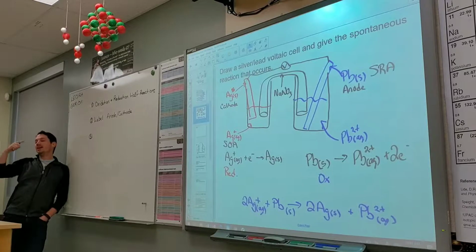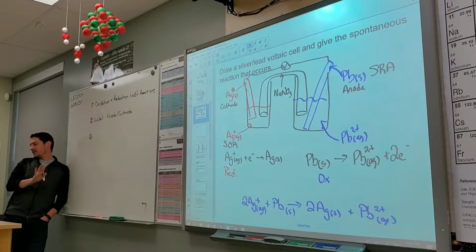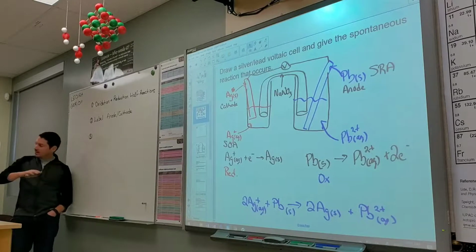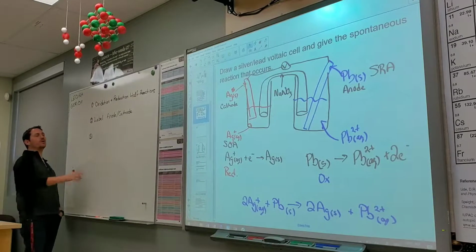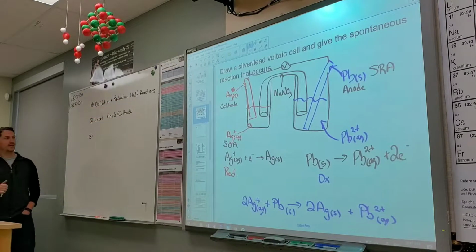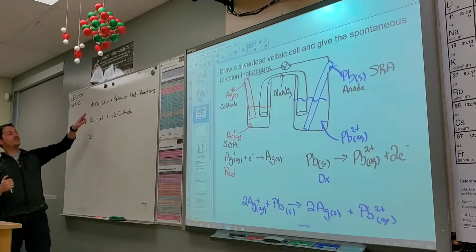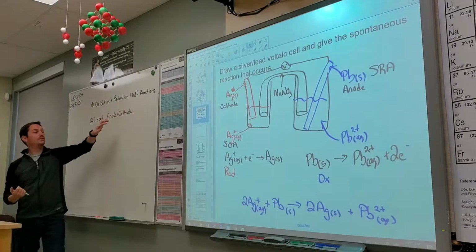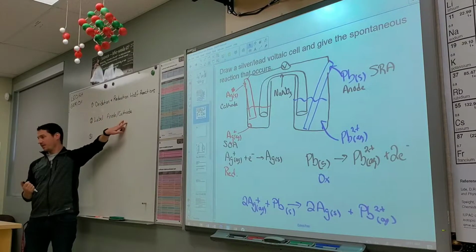We should be able to answer a list of about 7 things related to voltaic cells. The first question you should always be thinking about is: what are the oxidation and reduction half reactions for a cell? Because of that, you should be able to label which one is the anode and the cathode.